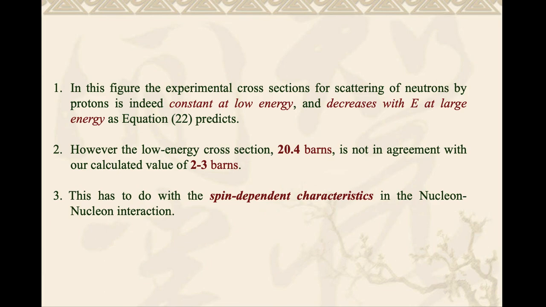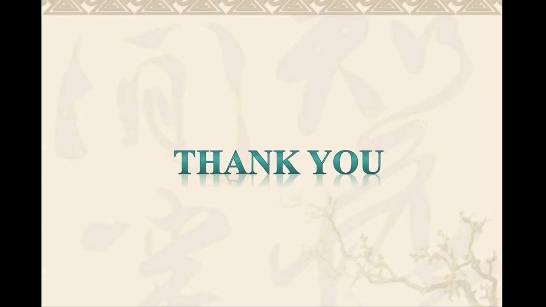By studying the nucleon problem, we have some comparisons and some conclusions which are almost true, and we will try to correct our assumptions to get more accurate results. Those things we can do in the next class. And that's all. Thank you.